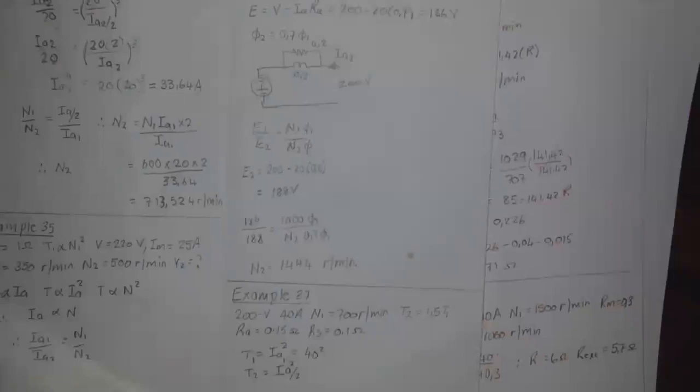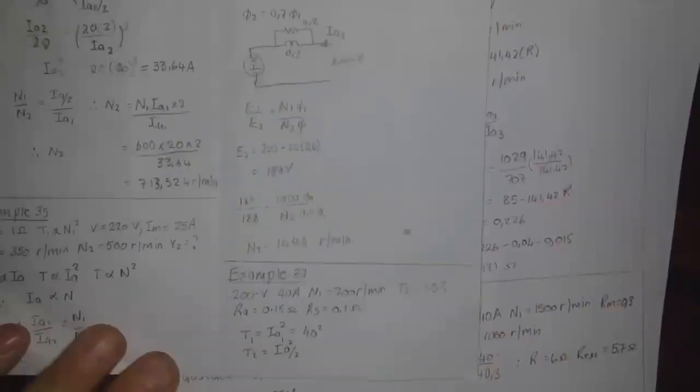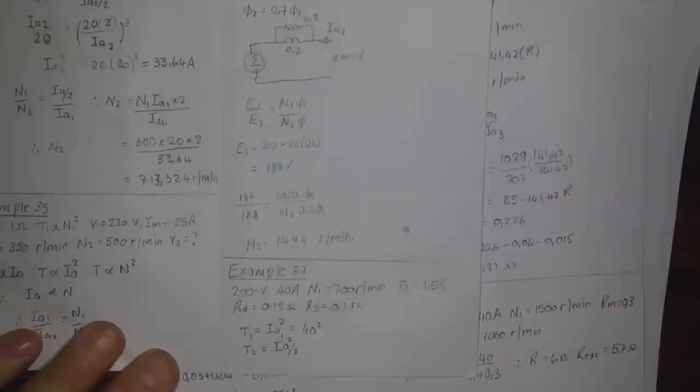So you see, all these problems use the same formulas. So look at number 37. It says there we have a 200 volt series motor taking 40 amps, and the speed is 700 revs per minute. And the second torque is 50% higher than the first torque, so T2 is 1.5 T1.